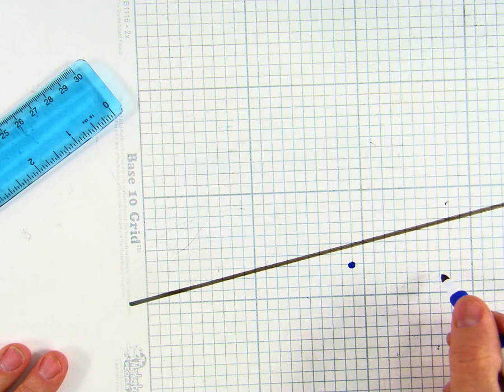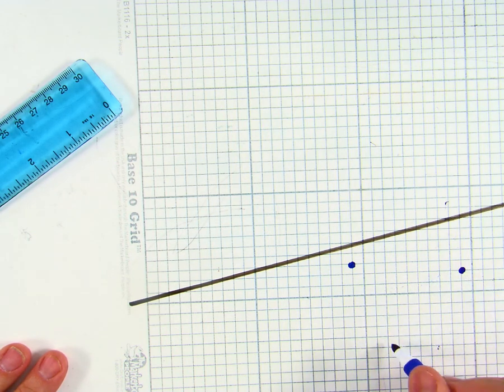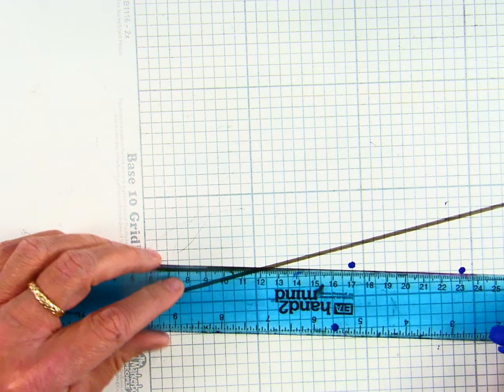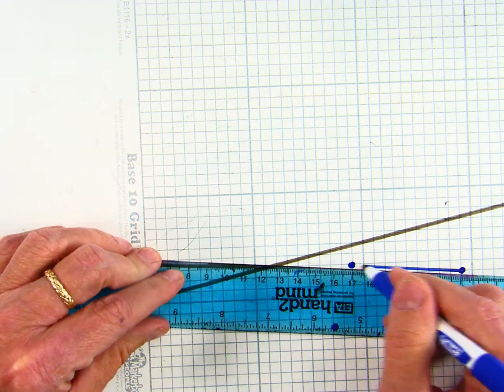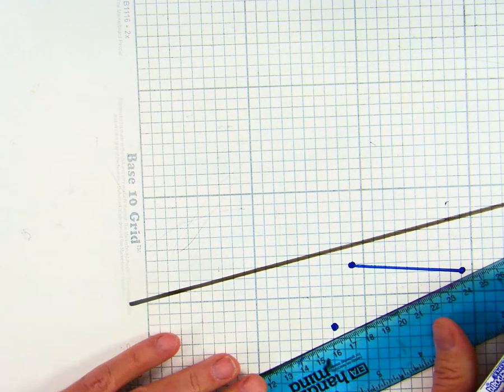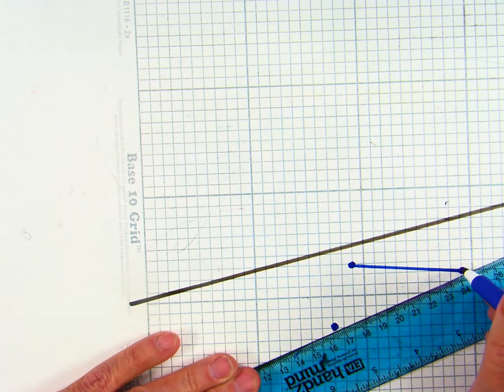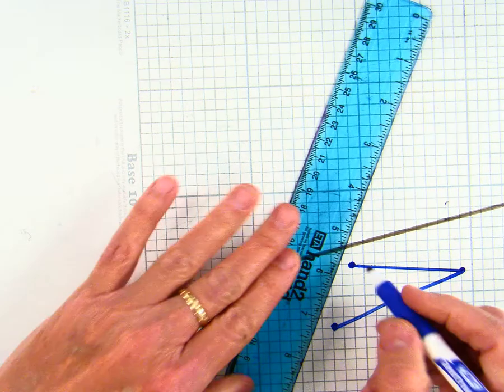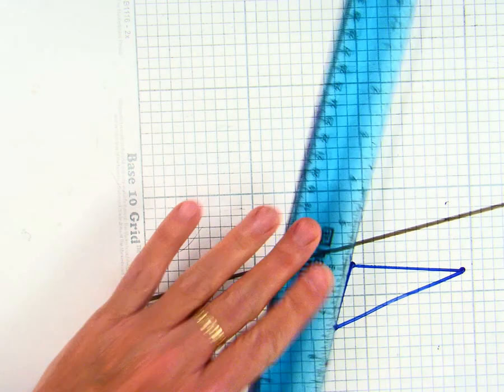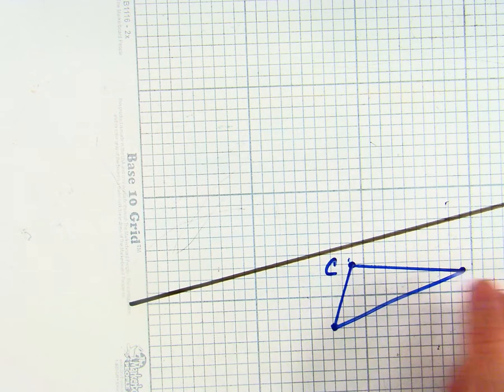I'll just put it there and there and maybe there. This one will be cat, I suppose. So here is triangle cat.